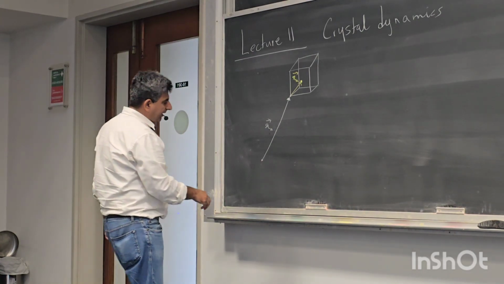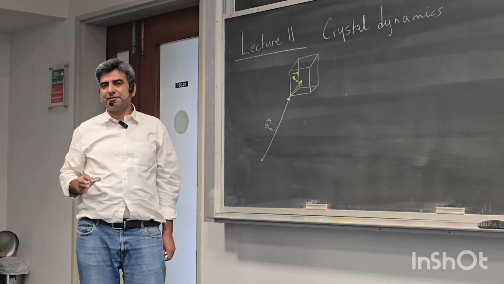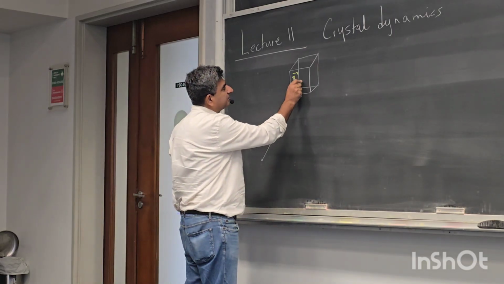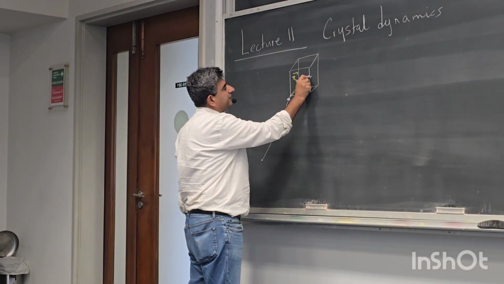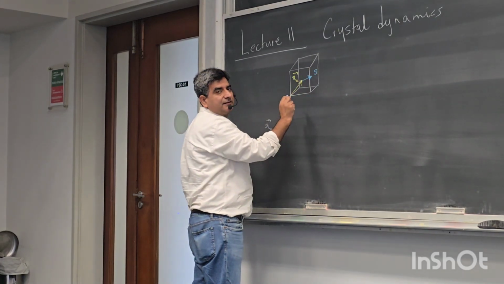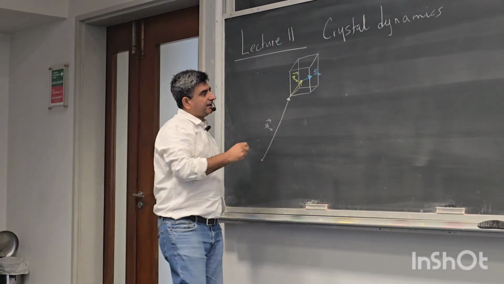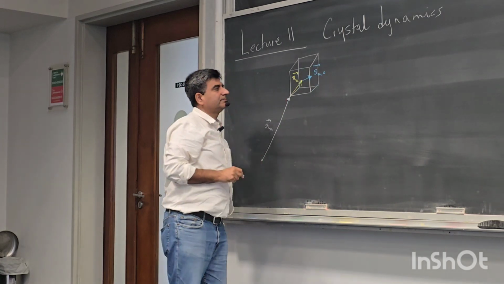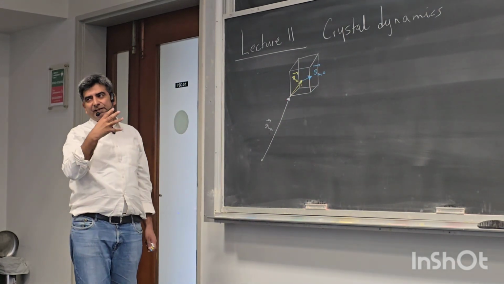Now suppose that this atom can vibrate about its equilibrium position, and suppose the displacement is some other vector. Let's call that vector S. Since it's in the nth unit cell, let's identify it as S_nA. Okay? So this is our scheme.